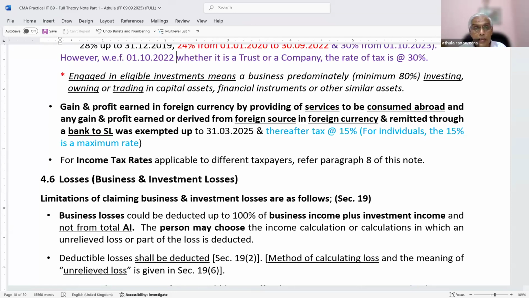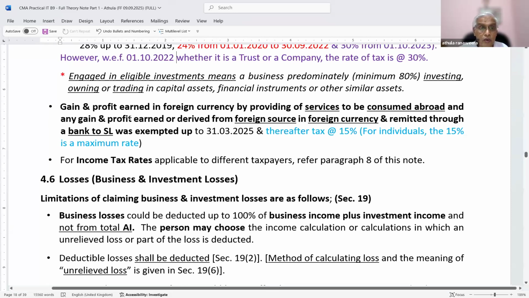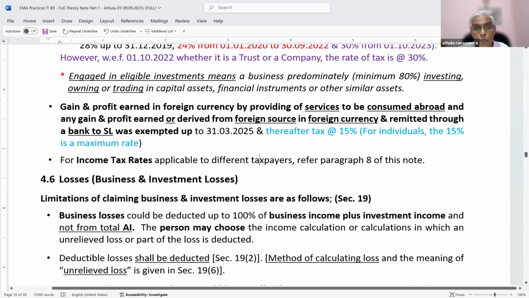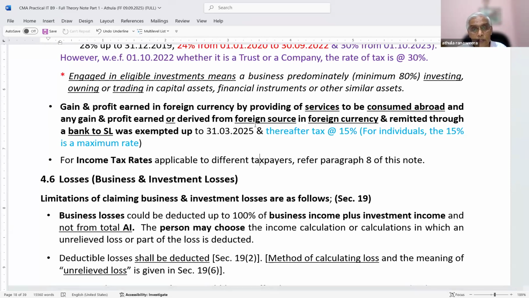Then, in addition to that, any foreign source income was also exempted. Now they have covered services separately, and any other foreign source separately. That means if you go abroad, to the Maldives, do a construction project and bring that money to Sri Lanka, that is foreign source income.